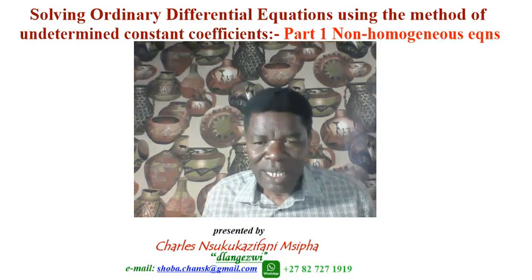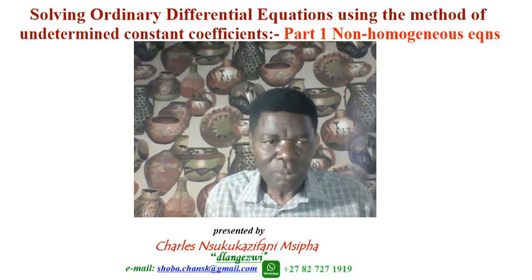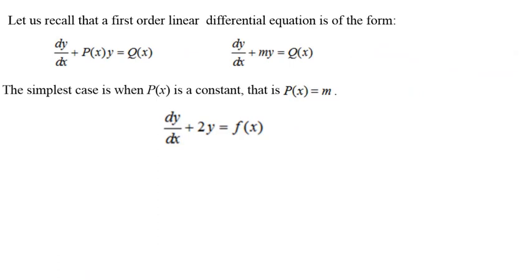Let's first of all start by recapping what we saw before. The introductory part of this work concerned the fact that first order linear differential equations of this nature could be simplified to this kind of version where p of x is a constant m.